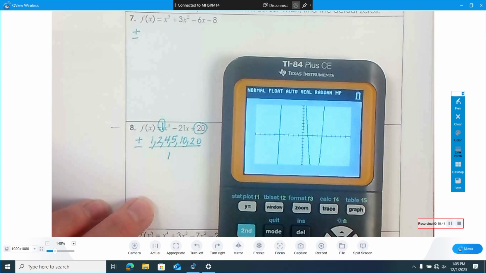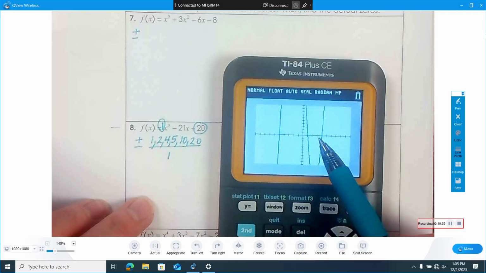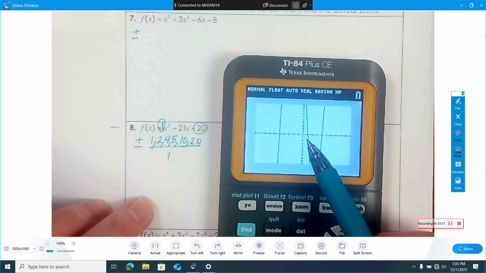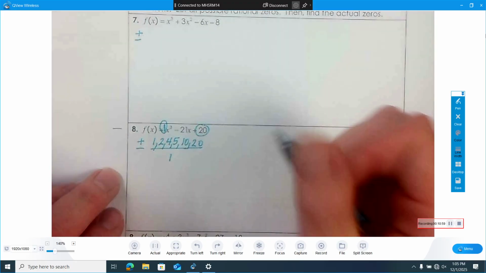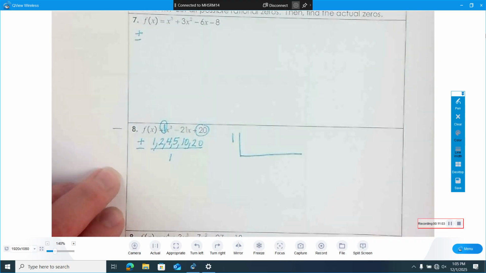Do you know the zeros? We have calculators, okay? But I need you to do the math, all right? So we need to pick 1. So what is one of our zeros here? 1. Hey, that's a great one. All right. So we're going to use 1 in synthetic division.